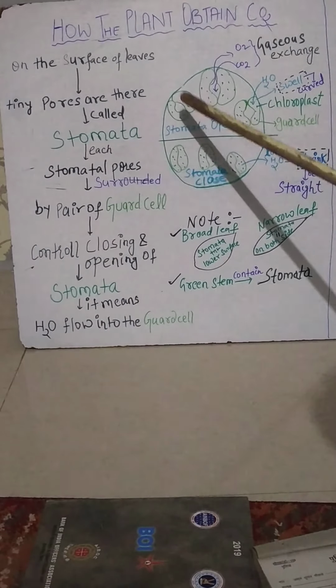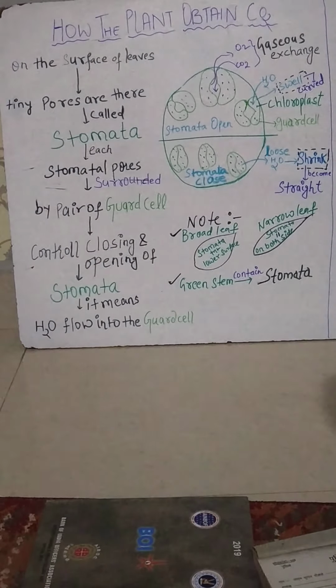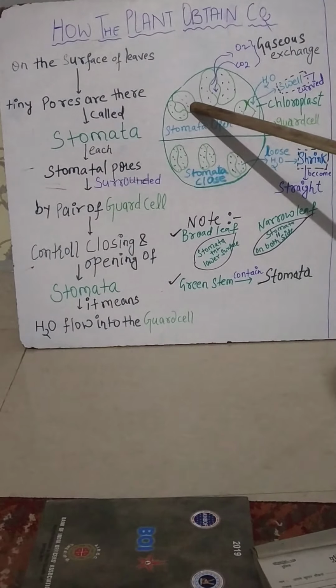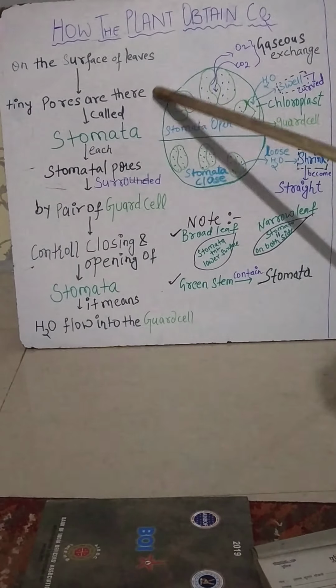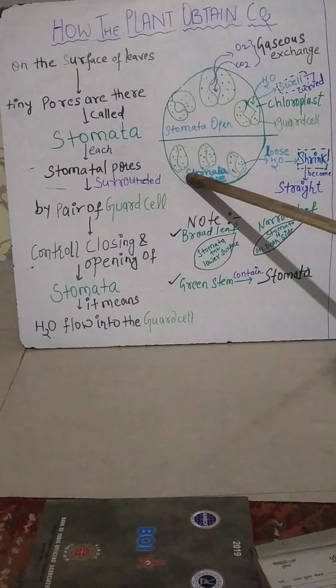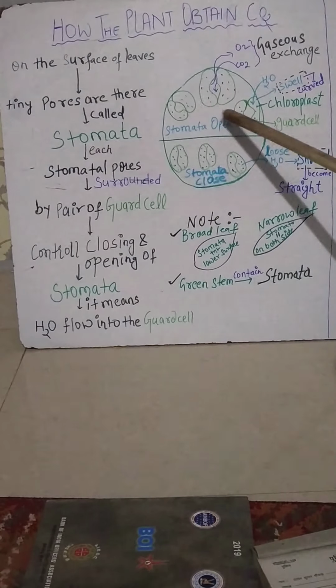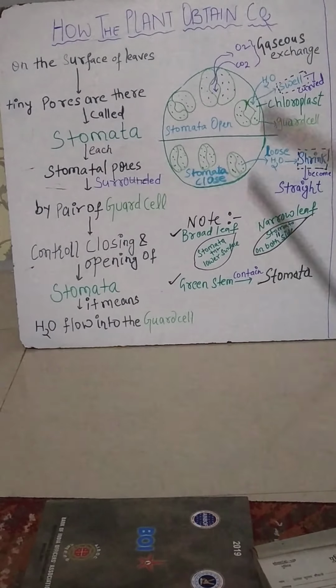How do they control the closing and opening of stomata? It means how guard cells open the stomata, and how guard cells close the stomata. So let's see, this one is the structure of an opening stomata, and this one is the structure of a closing stomata. Stomata open, stomata close. Now how does the guard cell open the stomata?